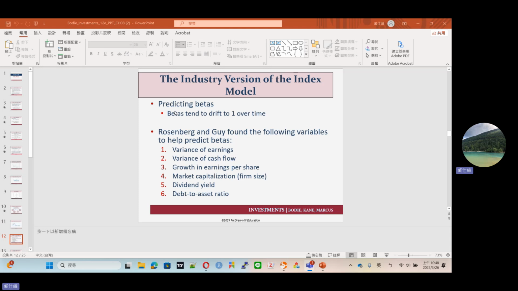Suppose you want to construct a high beta portfolio. You need to check the stocks in the market and run the regression based on 6 months of data, and then you can collect the stocks with higher beta and construct the portfolio.